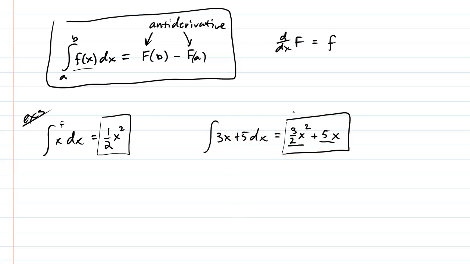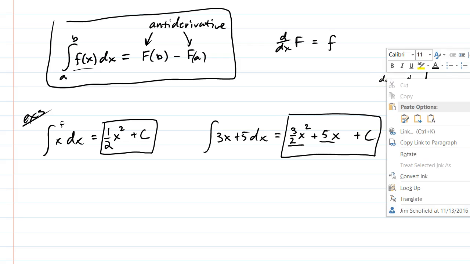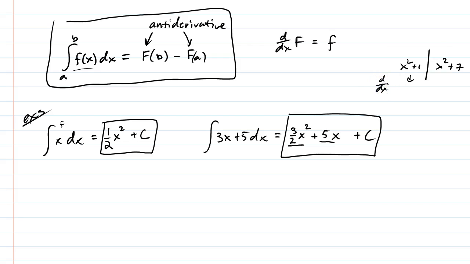Now one thing to note here, before I show you some more antiderivatives, you should always put something outside your answer called plus c. It's the constant. And this is not too hard to understand. If you just look at this example of like x squared plus 1 and x squared plus 7. Now if you do the derivative on this side, you're doing dx, then you would just get 2x.